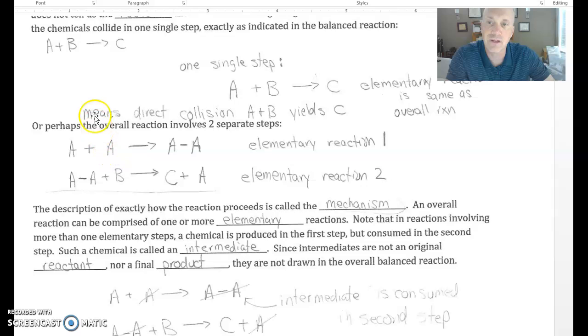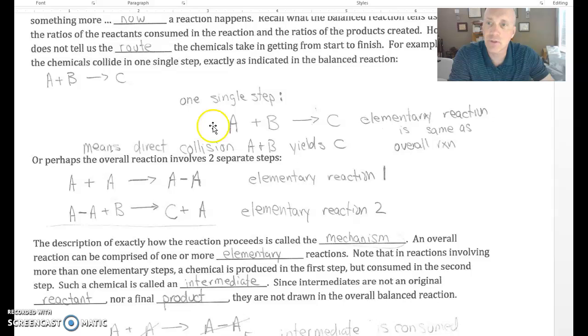So what if instead of A colliding directly with B, what if two A's collided with each other and temporarily formed a bond? All right, so we create this chemical species right here, and this is going to be an intermediate. And the reason that it's an intermediate is you can see here in step 2, it gets consumed when it collides with B, and that creates 1C and 1A.